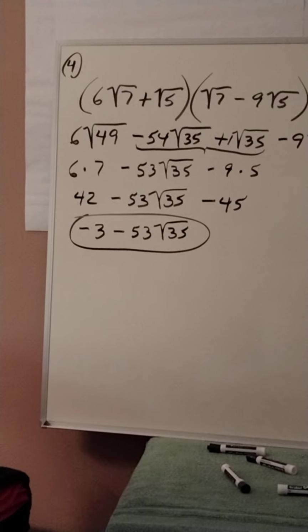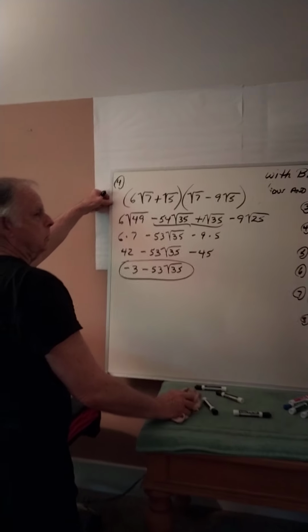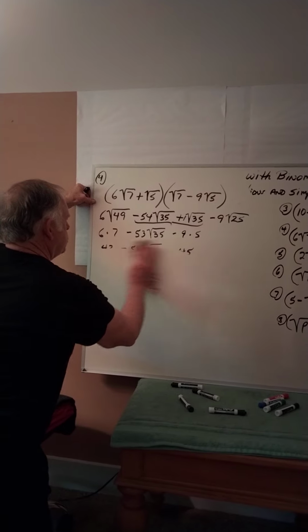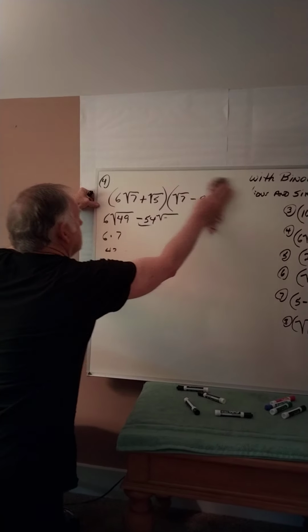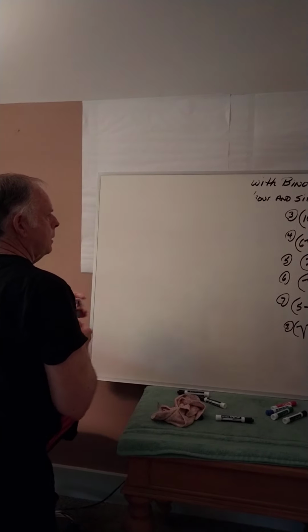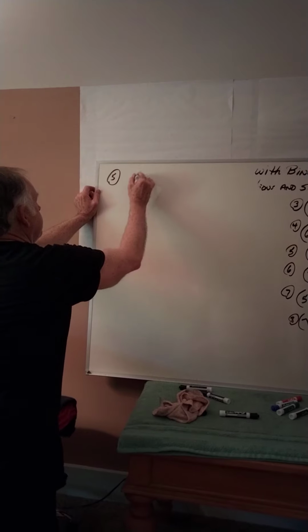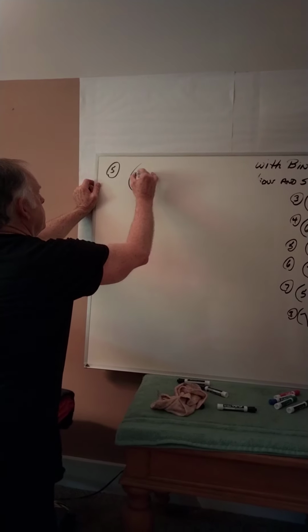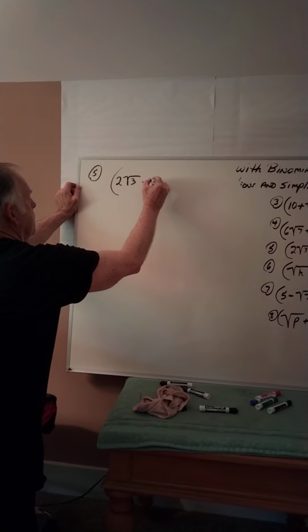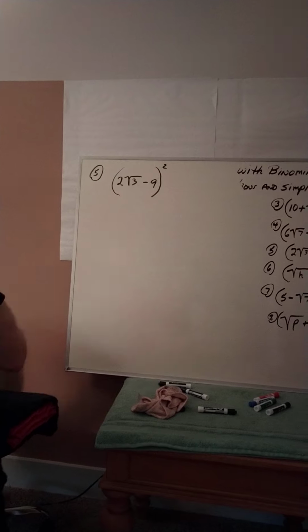That's FOIL. And now we'll go to a third operation, a third situation dealing with binomials. And you'll see it. Number 5, the quantity of 2 root 3 minus 9, that quantity squared.